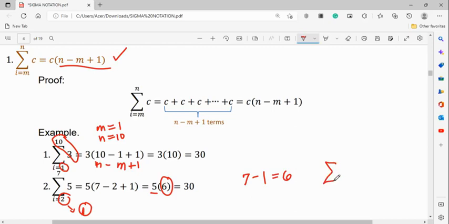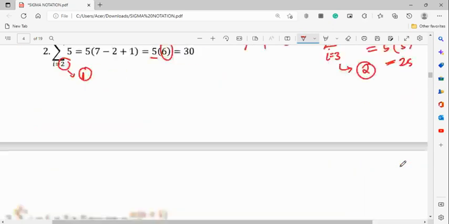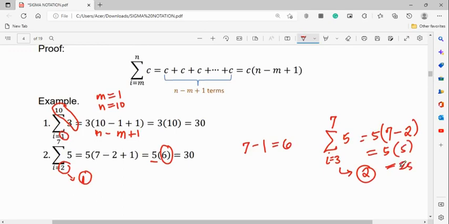Also, for example, you have summation of 5 to 7, tapos it starts from 3. The number before 3 is 2. This will become 5 times 7 minus 2. So this is 5 times 5, 25. Okay?